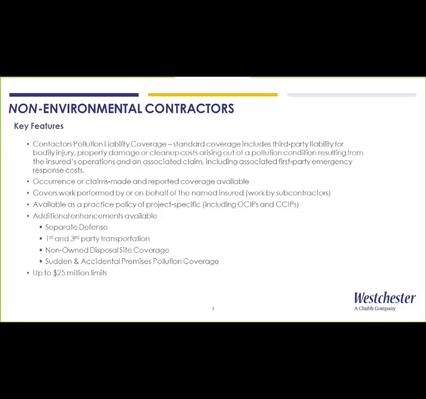We can do a total of 17 years, including completed ops or ERP on an account when it comes to pollution. One thing you may or may not see, but we also write, there's GL wraps, OCIPs, and CCIPs, owner-controlled insurance policies or contractor-controlled insurance policies. We can also do a pollution wrap for a project.